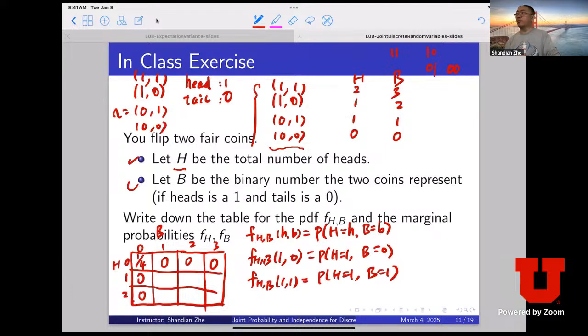Any thought? If you just look at this mapping table, there's only one outcome, 0, 1, which gives H equals to 1 and B equals to 1. So what's the probability? 1/4, it's a fair coin.